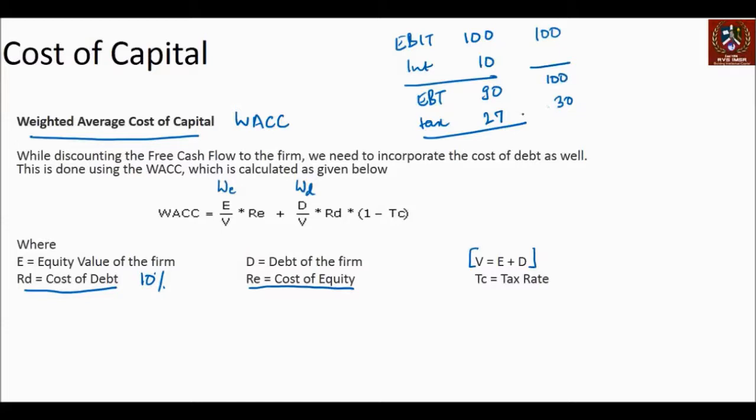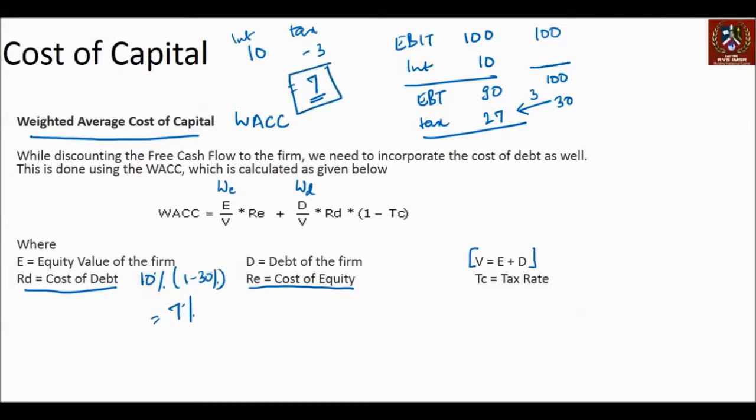So how much tax did you save? You saved 3 rupees in tax. Your interest was 10 and your tax saved was 3, so your net interest becomes 7, correct? So if your cost of debt was 10%, 10% into (1 minus 30%) is effectively 7%. That is what comes as the effective cost of debt.